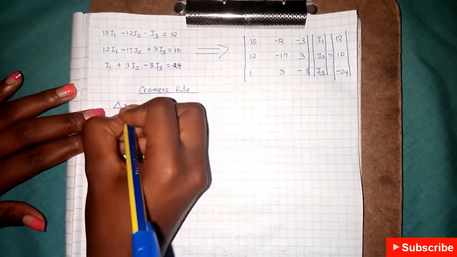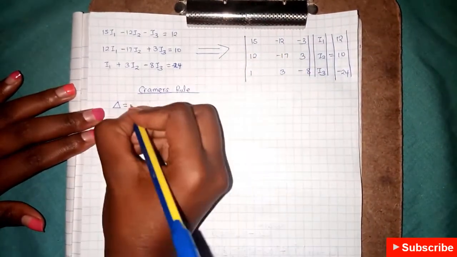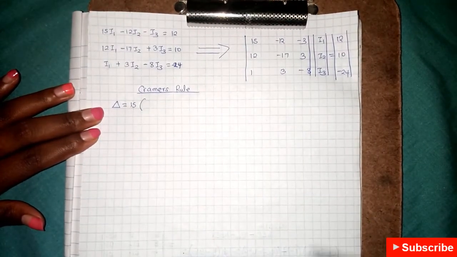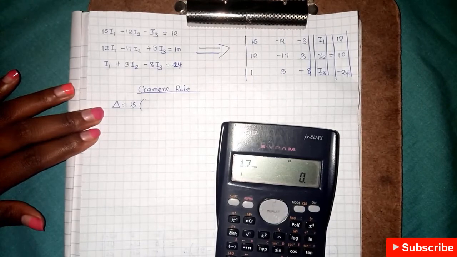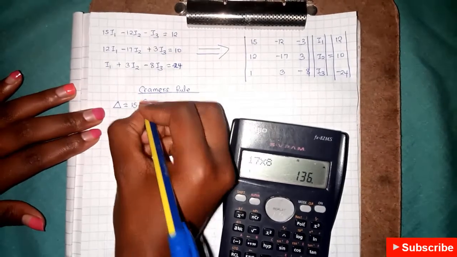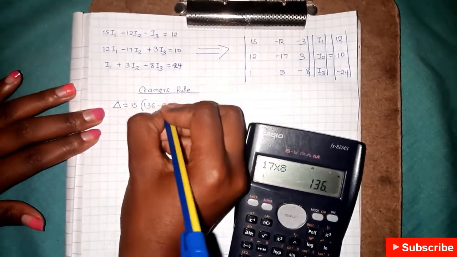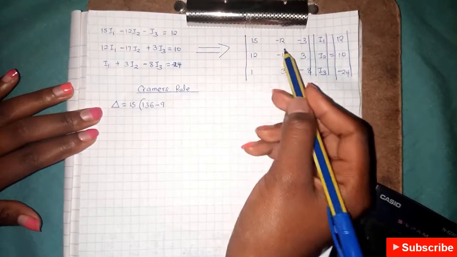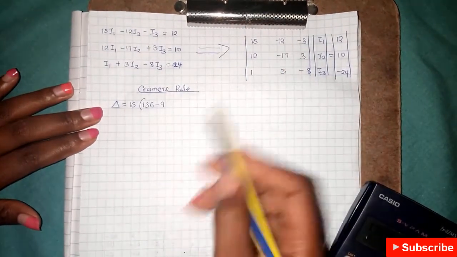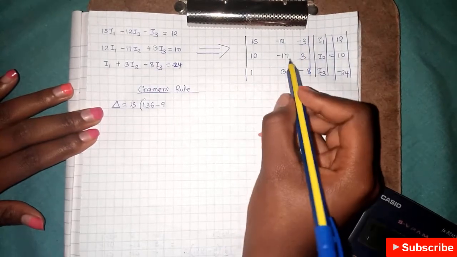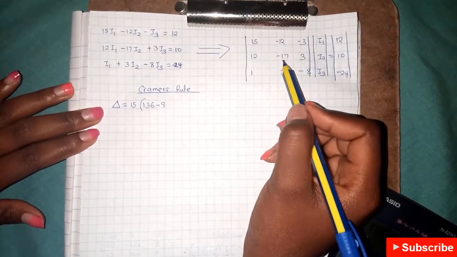Okay, so for this first one will be 17 times 8. This both are negative, so 136 minus 9. On this first one, let me explain, then on the rest you'll just replace and move on. Okay, so I'll go really fast on those so that we really don't use a lot of time.